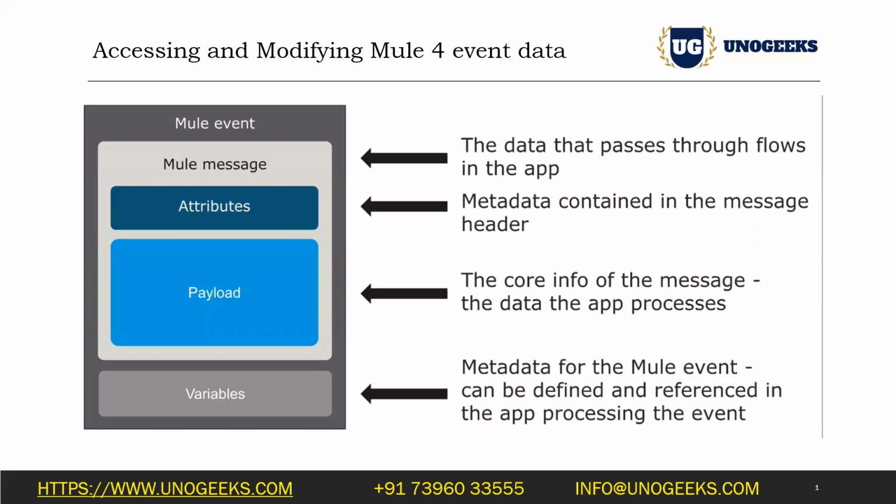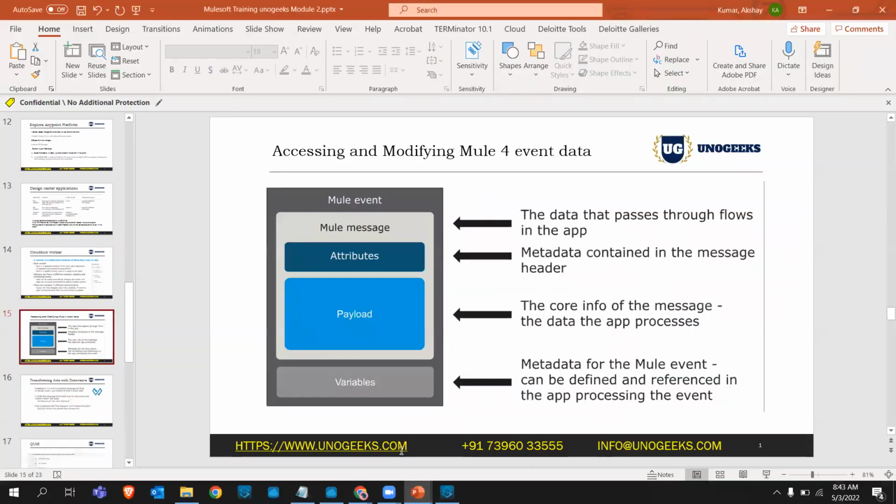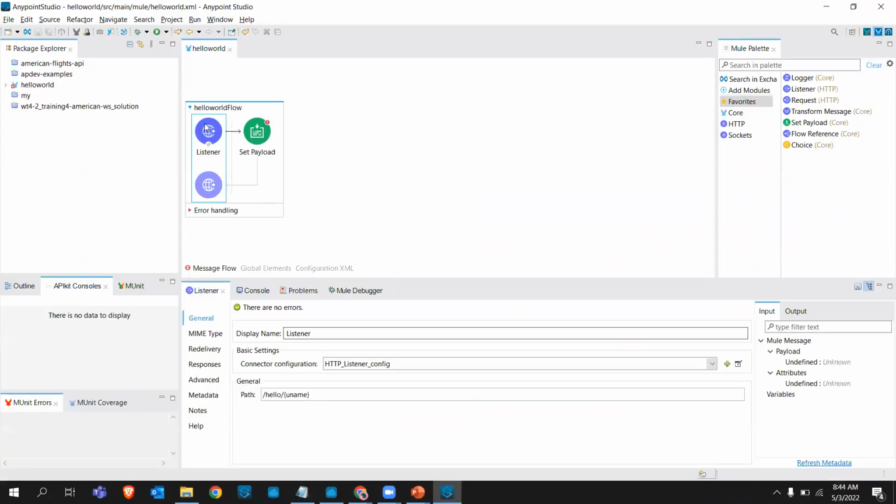So this is also again an important part, so let's understand in a detailed way. Whenever we are building an API, I'll go back to the Anypoint Studio. If you see the listener and the set payload part, this is one processor and this is a second processor.